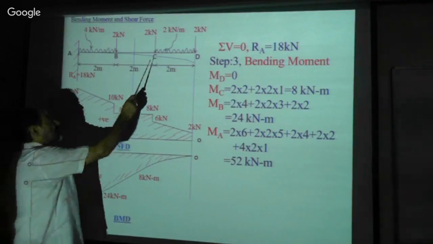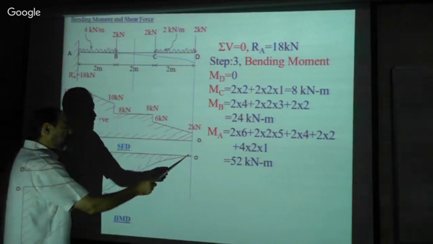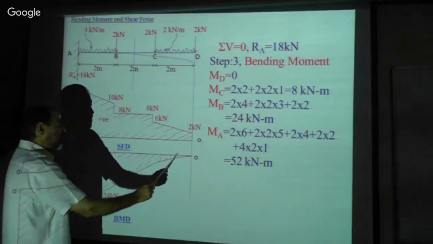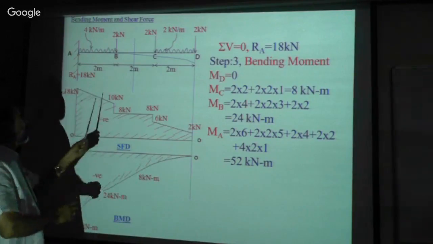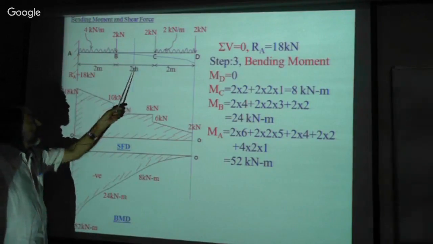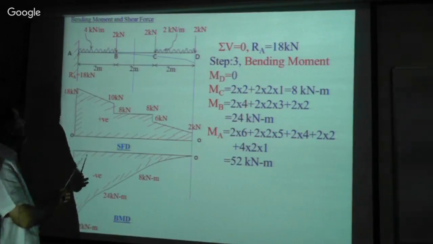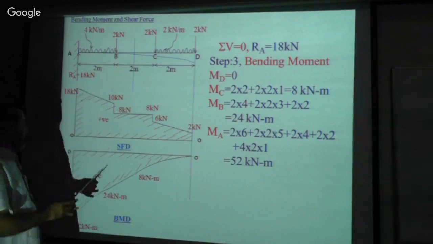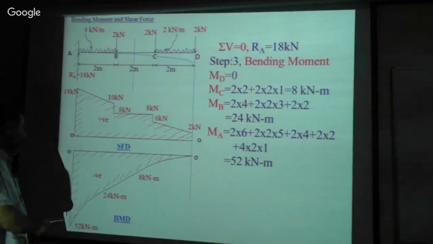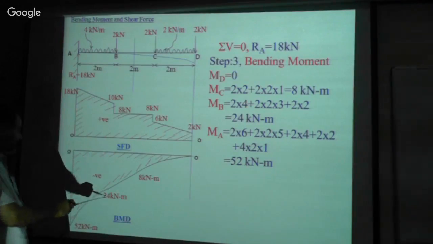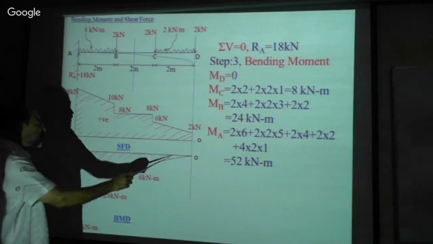Then below this UDL, the bending moment is curvilinear, that is a parabolic line, and below this the bending moment diagram is a linear line, and again below this it is a parabolic line.